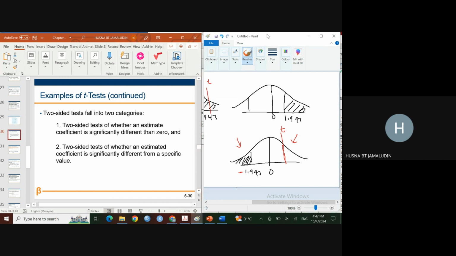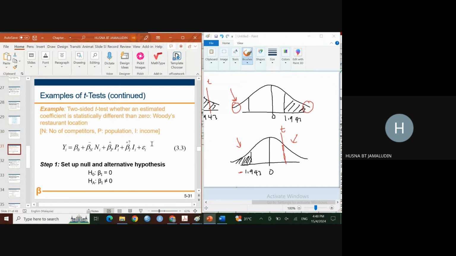Two-sided test of whether an estimated coefficient is significantly different from a specific value. Depends: significantly different from 0, or from 5, 10, depends. So these are examples of two-sided tests.